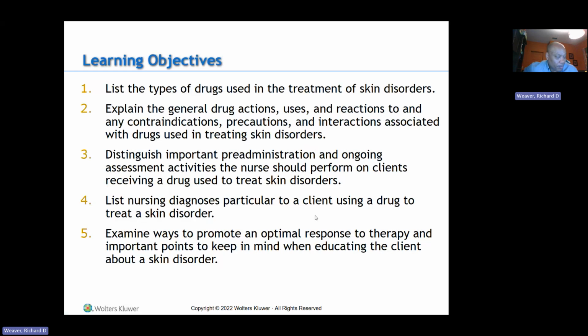The list of appropriate nursing diagnoses, along with ways to promote an optimal response to treatment, and important points to keep in mind when educating clients and families about skin disorders. So I'll go through those to show you how we apply the nursing process to drug administration.